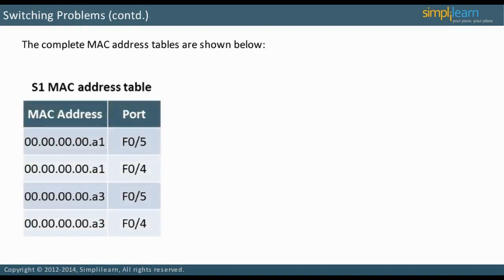The MAC address table for S1 now has two entries for MAC address 00.00.00.00.A1, one with outgoing interface F04 and the other with outgoing interface F05. As S1 continues to receive frames, S1 will also have two different exit interfaces for MAC A3.